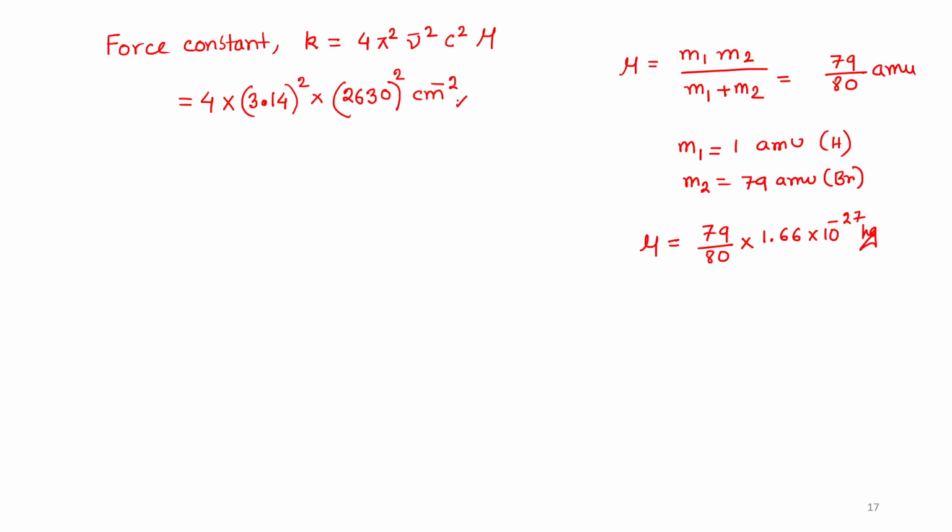Then c square, so 3 into 10 to the power 10, so that instead of meter I go to centimeter, and the square of that would be centimeter square second minus 2, right?